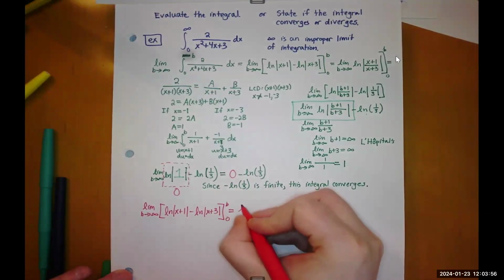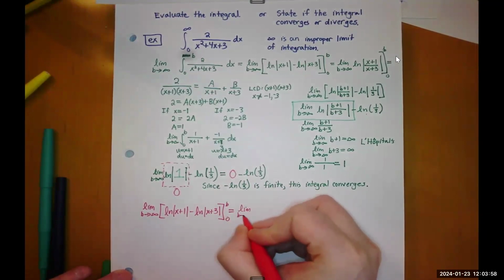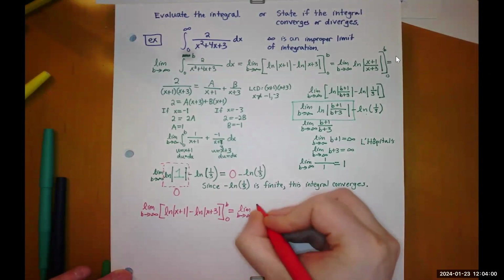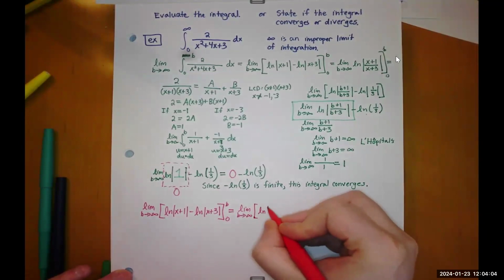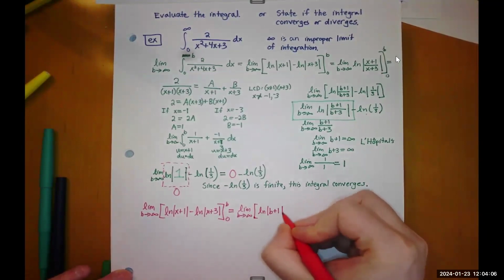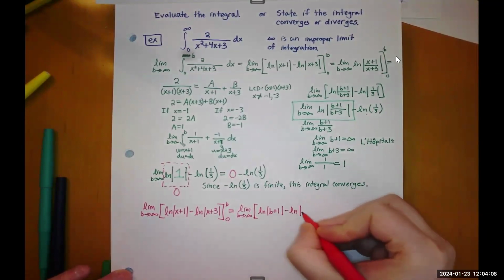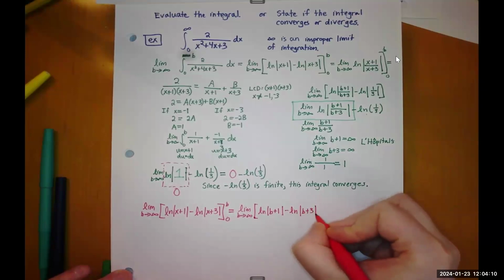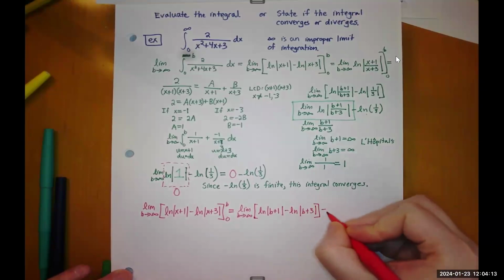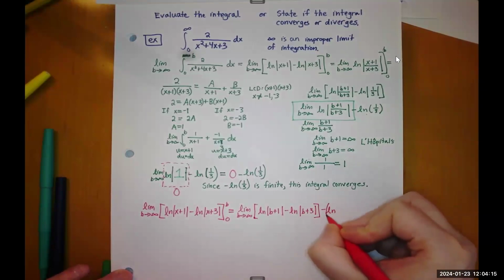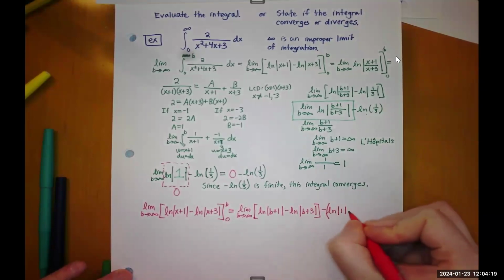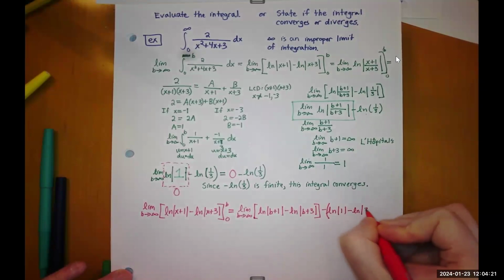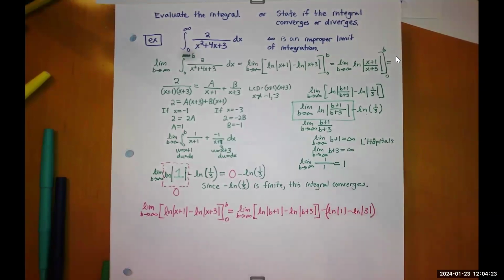This time, I'm not going to apply the properties of logarithms, and I'm going to look at this. Oops, I want parentheses there. Absolute value of 1 minus the natural log of the absolute value of 3. Okay.